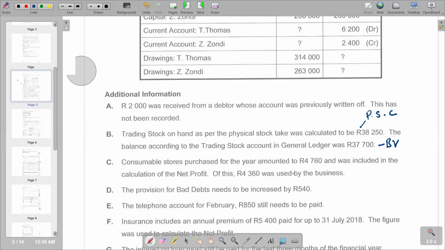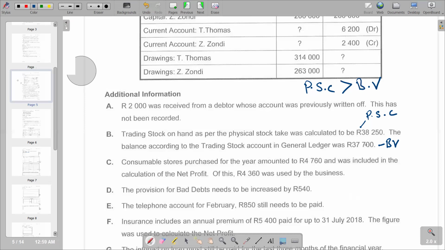So we compare which one is greater between the two. You see that our physical stock count figure is greater. So when we have the physical stock count figure being greater than the book value, we refer to it as a surplus on trading stock adjustment, whereby what was physically counted is more than what is appearing in the books.